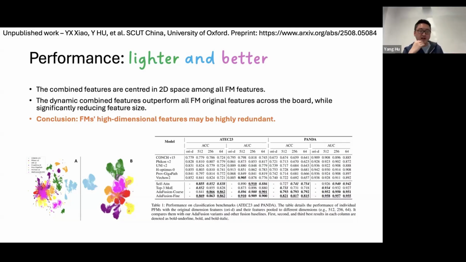Yeah. Actually, this paper is only a conference version, but we have a more comprehensive one that we would like to submit to a journal. We have a more comprehensive investigation about how we keep them, because some of the foundation models are more likely to collaborate with each other, but some of the foundation models are not very good friends, right?